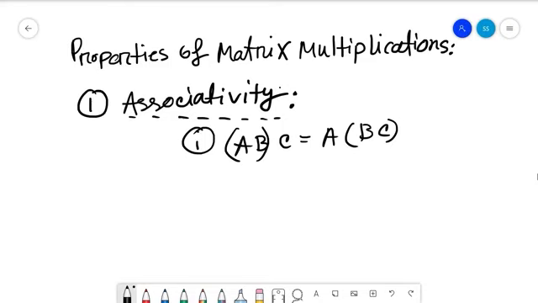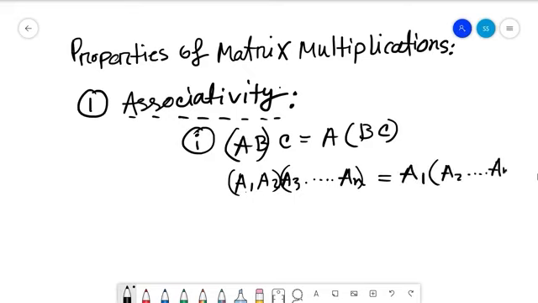So this property, that is 1, tells us that if you had, let's say, A1, A2, A3, a lot of matrices, up to AN, then in whatever order you multiply, that is, first you multiply A1 and A2 and then you multiply from A3 to AN and then you stick these results together, it will be the same as if I just take A1 to AN.